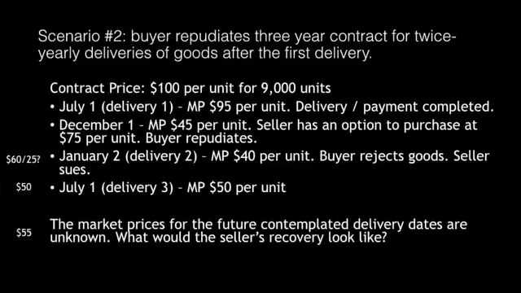So the seller would get $55 per unit for all these final delivery times. As these examples suggest, the damage calculation rules can lead to very different and somewhat perverse results for different installments.